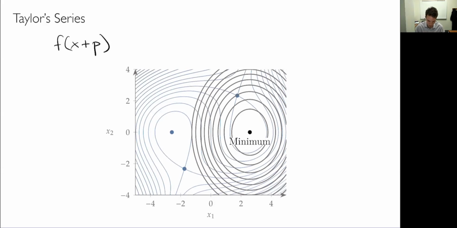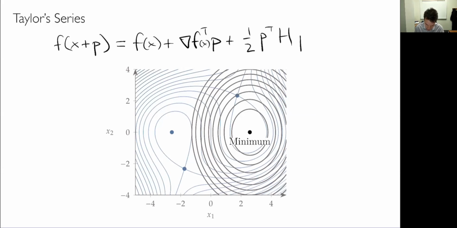So for some small step P, I can do a Taylor series. That's going to be equal to f of x plus, now I've got the first derivative term, that's the gradient of f dotted into P, the dot product of that with P. Or I could write f of x plus, now I've got my second derivative term, so I've got the 1/2, and this is how we write this in matrix notation.